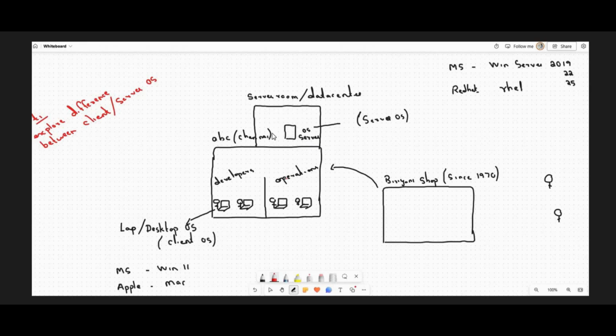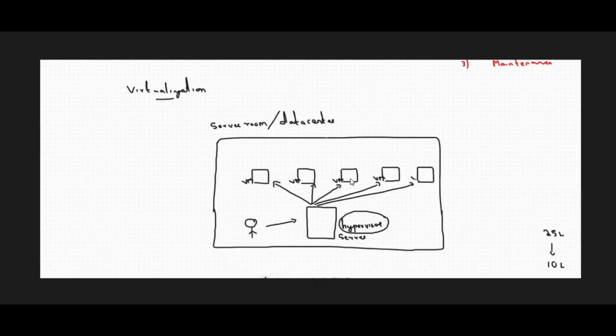The processing capacity will be very high, so it will serve the request sent from the client. So this is a client server model.